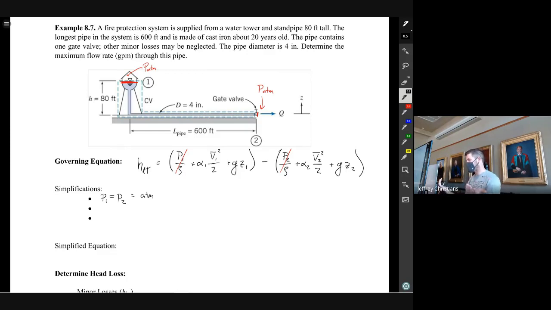So we can say it's practically not moving. So the average velocity at 1 is about equal to 0. It's not going to be exactly 0 because that level is dropping, but it's slow. It depends on how big the water tower is, but it's maybe dropping like inches per minute. So that's not a lot of kinetic energy.